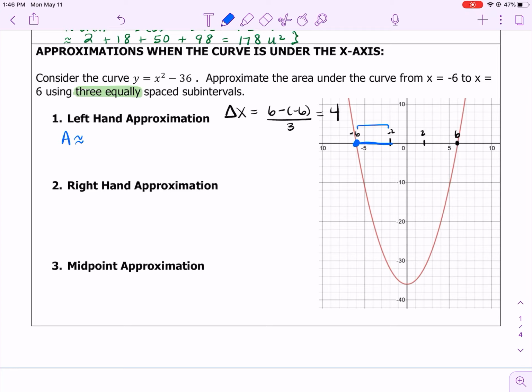When I go to the next subinterval, using there the values from -2, notice the height of the function is all the way down here. So this is the rectangle that we're using, the one that's coming from the left-hand side of our function from that endpoint and continuing through to the other end.